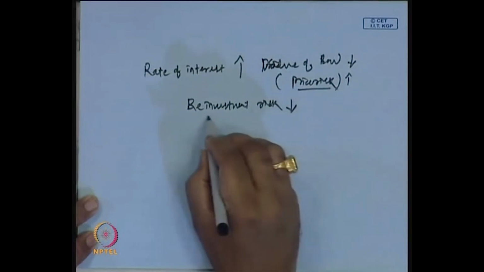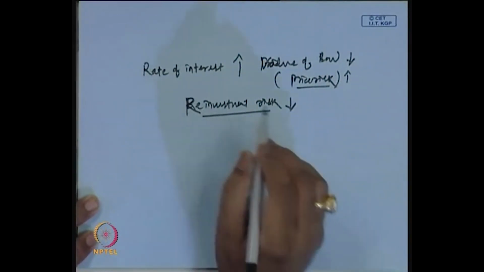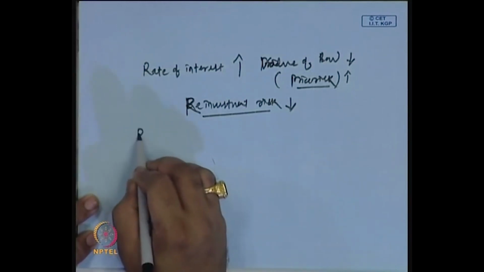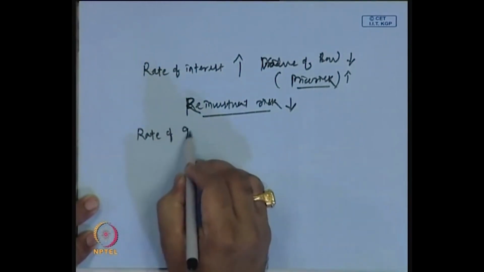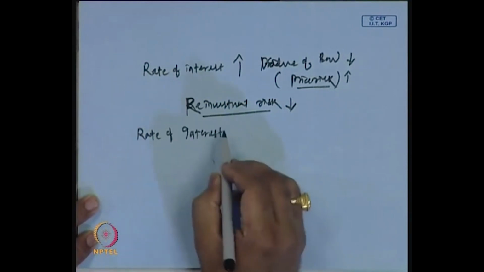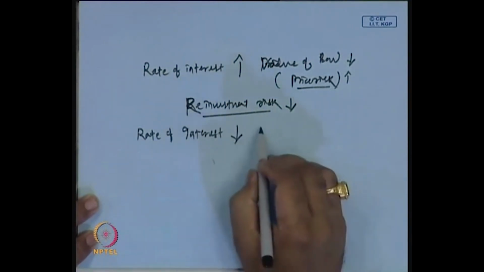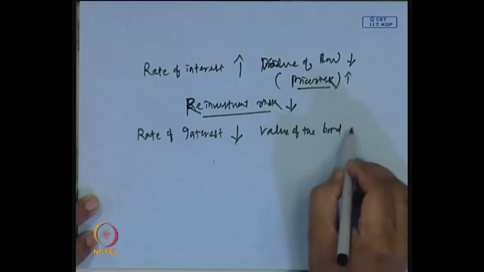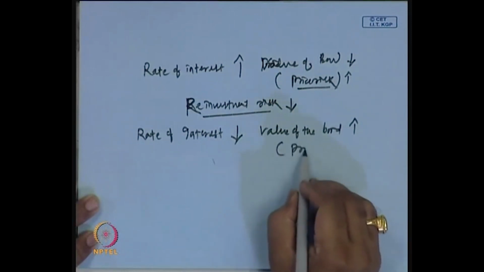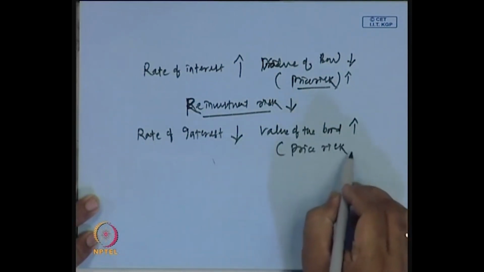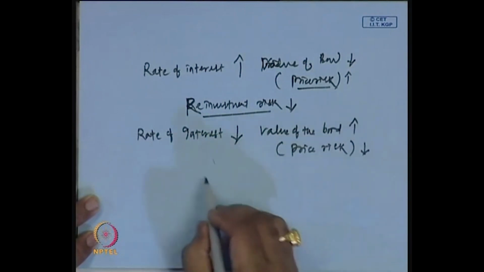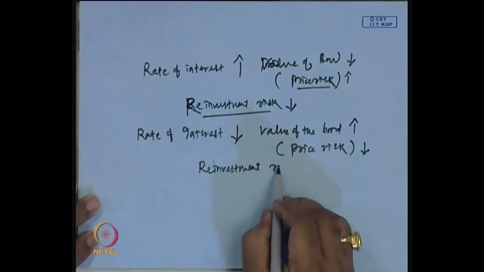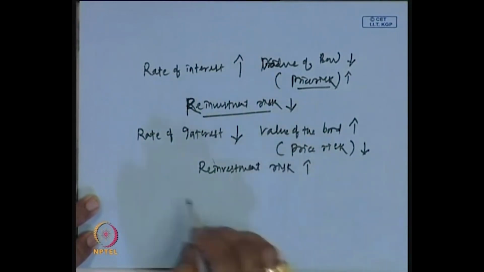So, the price risk and reinvestment risk will offset each other. The opposite may happen whenever the rate of interest goes down, the value of the bond goes up. So, the price risk declines, but the reinvestment risk of the investor goes up.